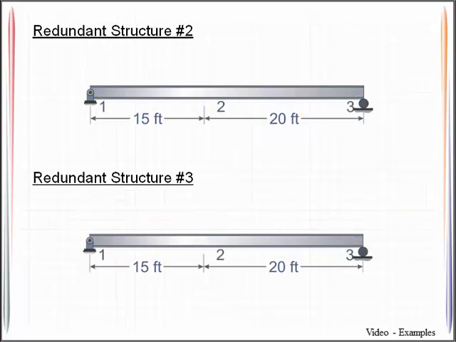I need to go ahead and do the same type of process here where I apply the redundant force, R2, and I apply this redundant moment, M3, and I'll go ahead and sketch their deflected shapes and their respective displacement.